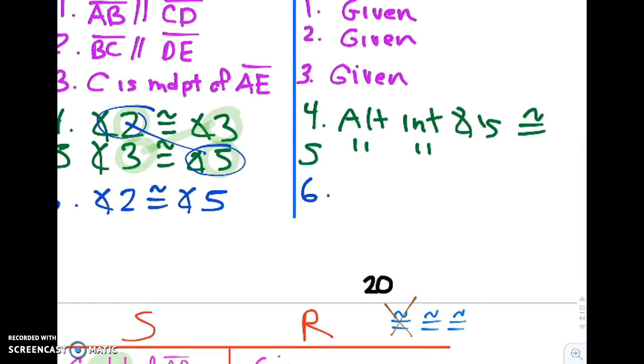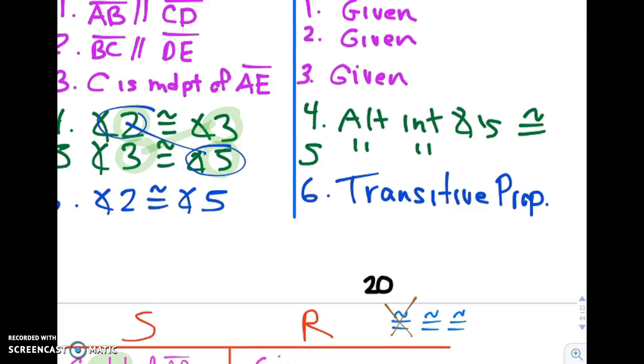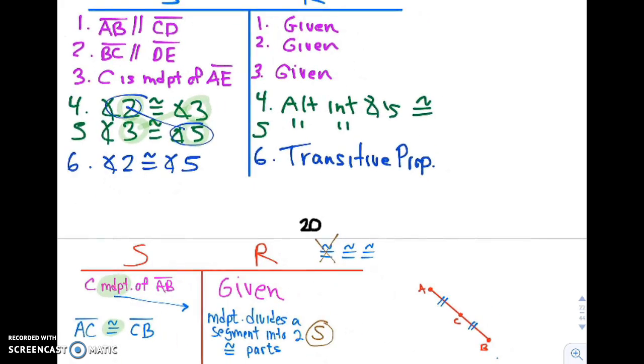And that is a new word called the transitive property. Trans is a term in Latin that means across, so to change from one thing to another through something else. So because 2 is the same as 3, and 3 is the same as 5, then 2 must be the same as 5. Transitive property.